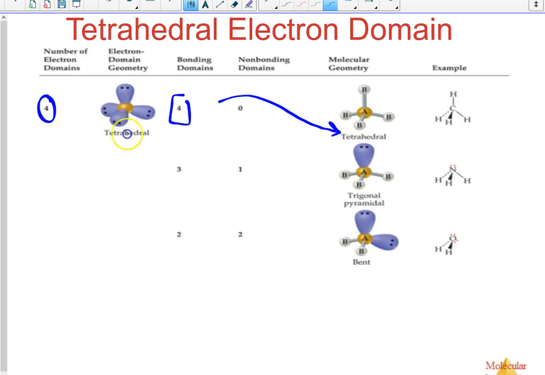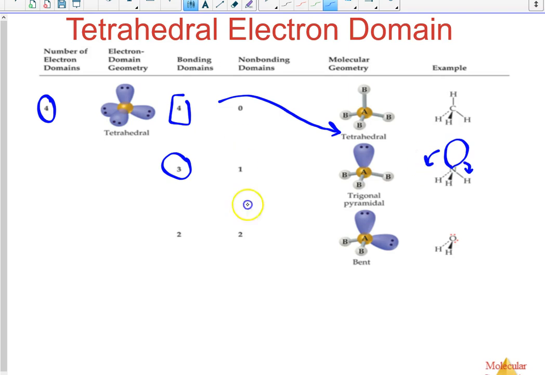Now, we still have 4 here. 3 plus 1 is 4. But if you have 3 bonding and 1 non-bonding pair, like here, we call that trigonal pyramidal. Trigonal because there's 3 atoms coming out. Pyramidal because the non-bonding pair forces them to bend away and to make a pyramid.